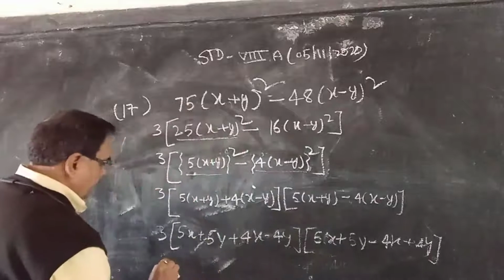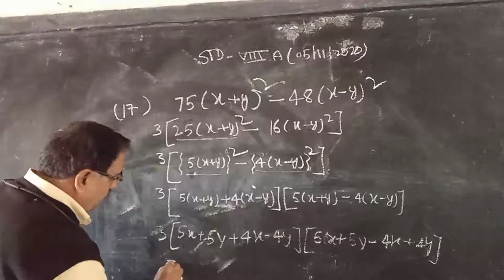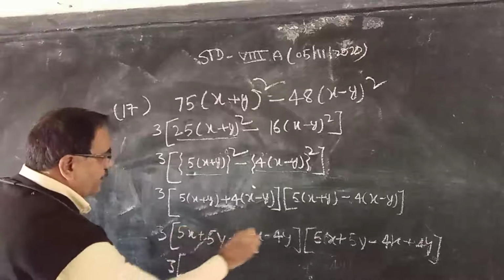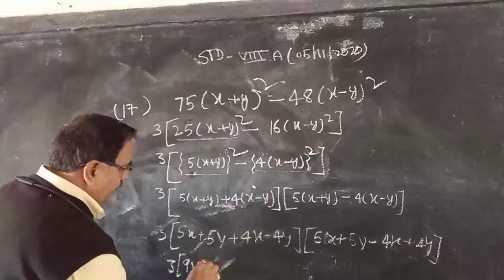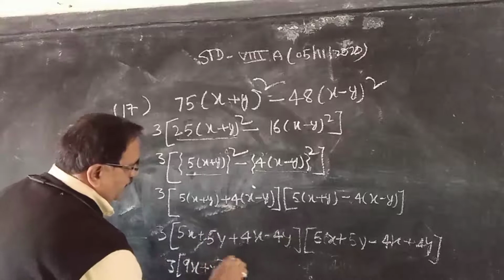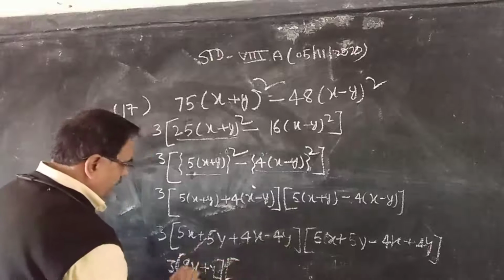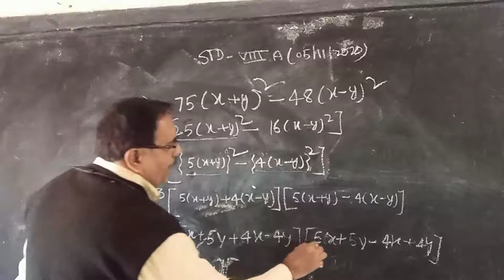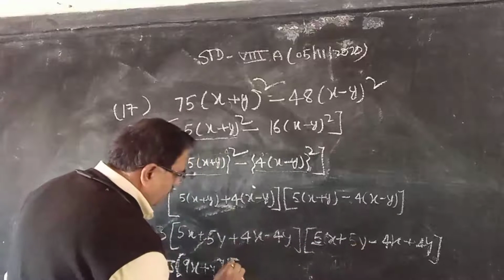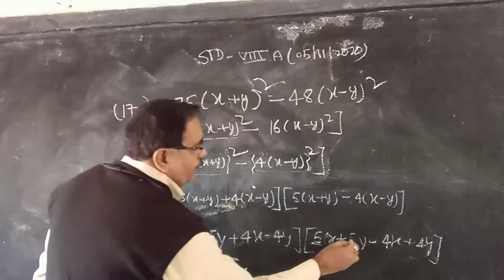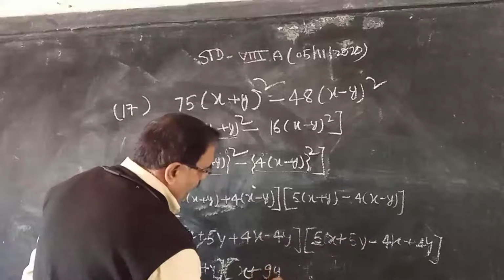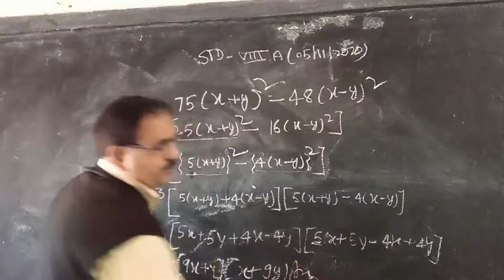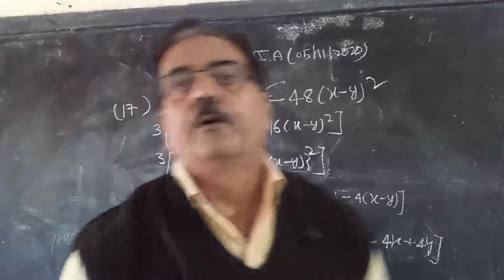Now collect the like terms. 3, 5x plus 4x is 9x, 5y minus 4y is y. And in the second bracket, 5x minus 4x is x, 5y plus 4y is 9y. This is our answer. Do you follow?